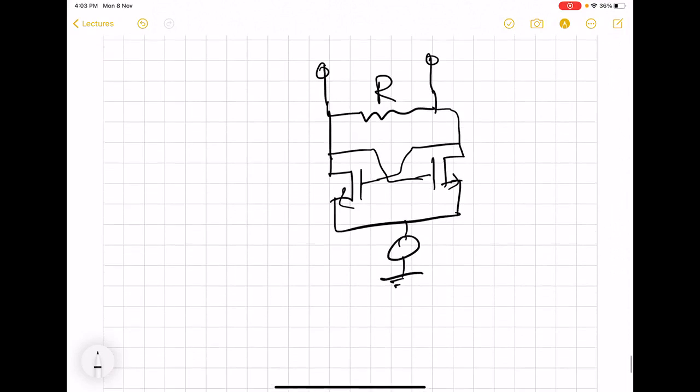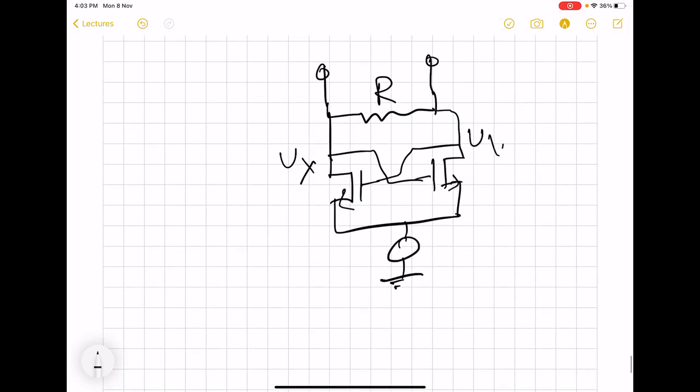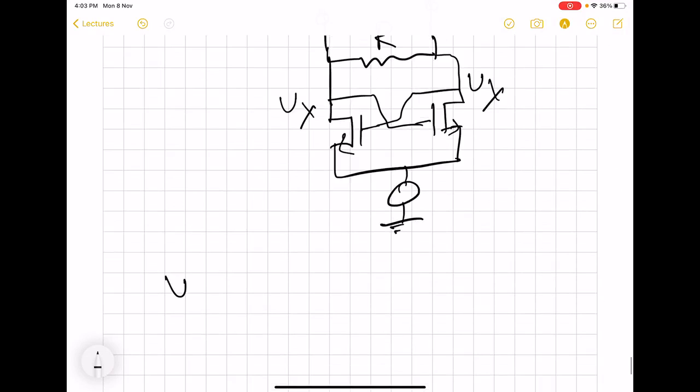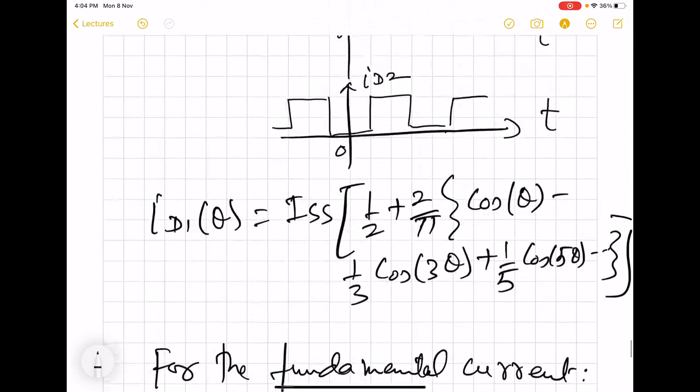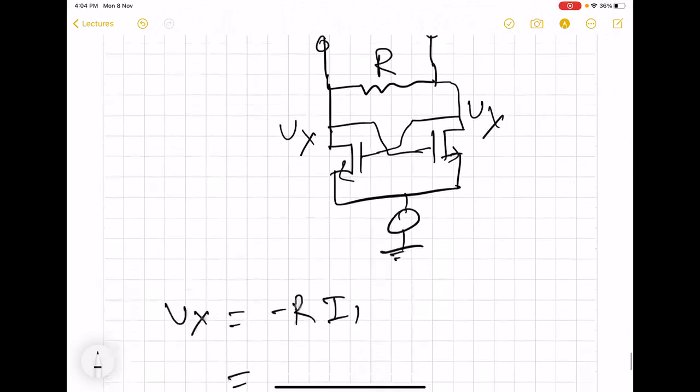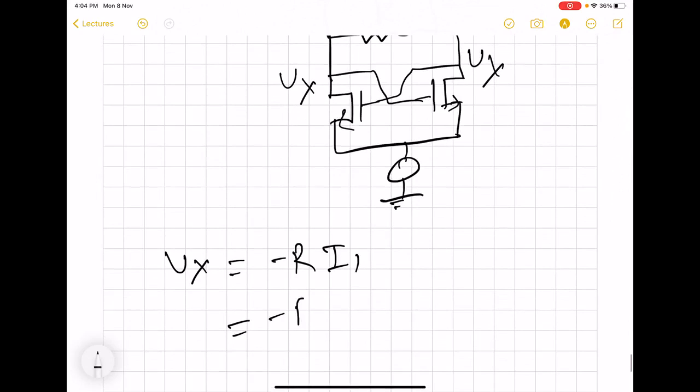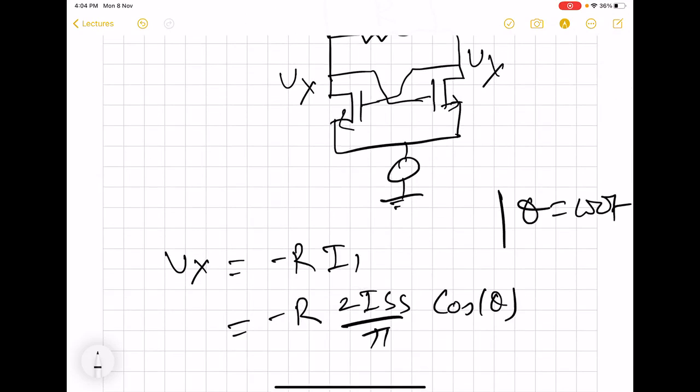So this Vx is going to be minus R into I1, where I1 is the fundamental of ID1. And the fundamental here we can see is ISS into 2 by pi cos theta. So this is minus R times 2 ISS by pi cos theta, and theta is omega naught t.